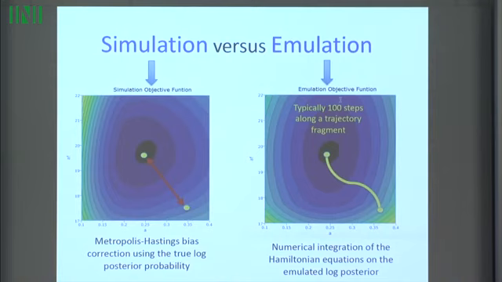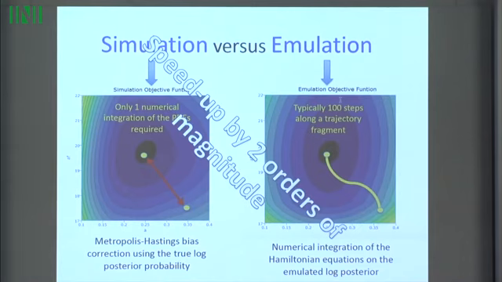So typically our MCMC trajectories have sort of 100 steps in that order of magnitude, and we only use one numerical integration. So that reduces the complexity by roughly 2 orders of magnitude, provided the emulator is a good representation of the simulator. The emulated likelihood is a good representation of the simulator.